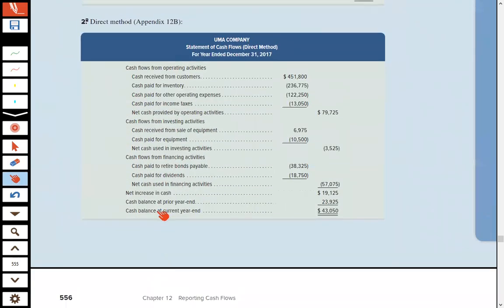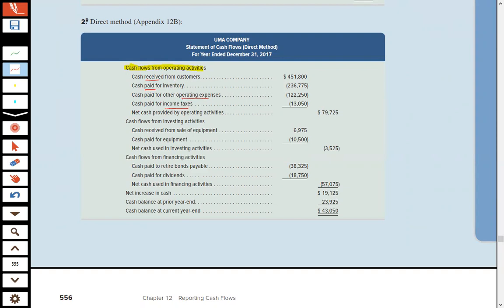Direct method is like this, simple. Cash flow from operating activities, that is the only main difference between the direct and indirect method. Cash received from the customers, cash paid to the suppliers, cash paid for the operating expenses, and cash paid for income taxes.